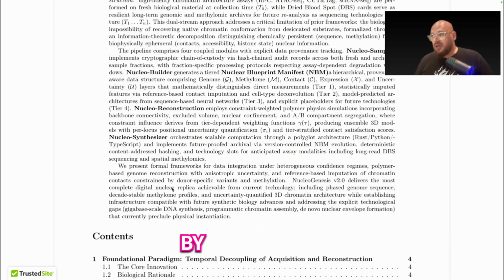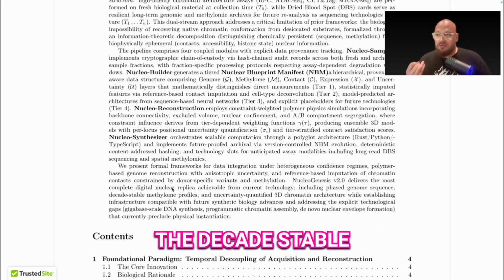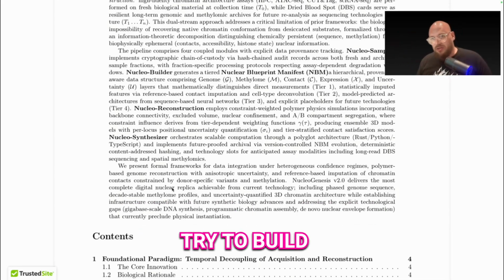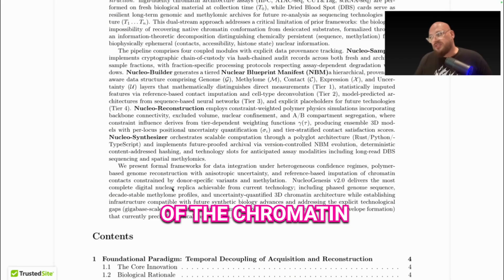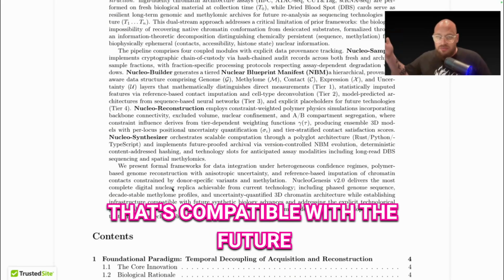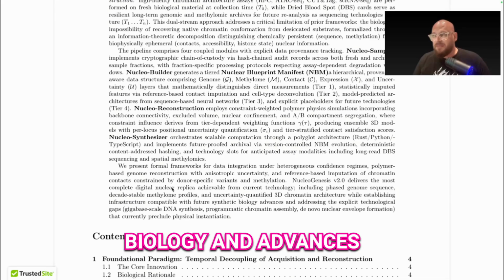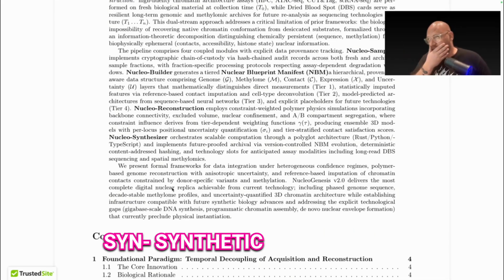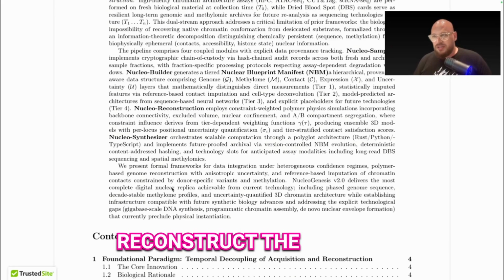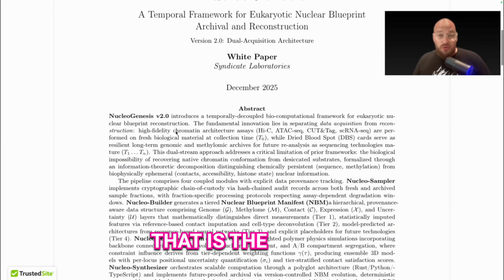By doing that, it includes a phased genome sequence, decade-stable methylome profiles, and quantified uncertainty to try to build a 3D model of the chromatin architecture while establishing an infrastructure that's compatible with future advances in synthetic biology that could be used to reconstruct the nucleus. So that is the reading of the abstract.